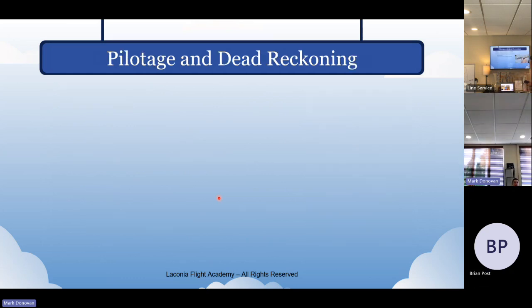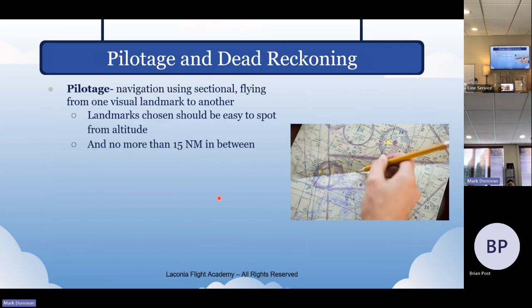So now we're going to go a little bit deeper into pilotage and dead reckoning. Pilotage is navigation using the sectional chart, flying from one visual landmark to another. The landmarks chosen should be easy to spot from altitude, and usually no more than about 15 nautical miles between each mark.